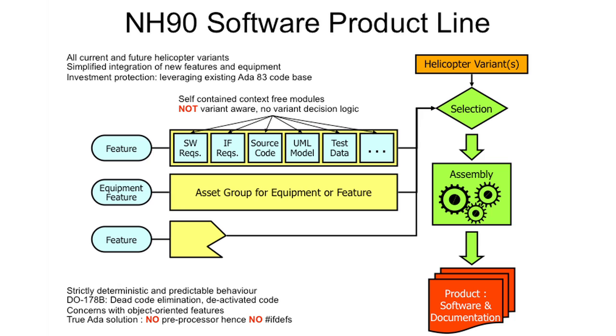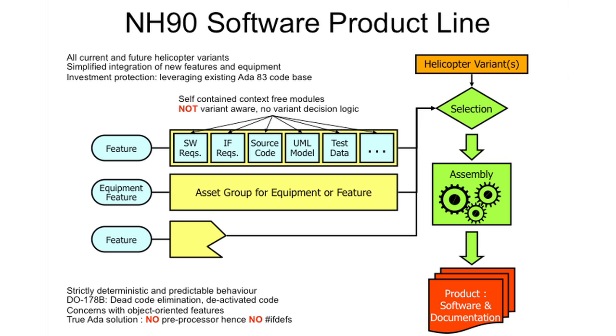When you try to do that, you have certain constraints in the way you implement what is called variability, because there are some restrictions in our domain. The first one, which we have talked about already, is strict deterministic and predictable behavior.